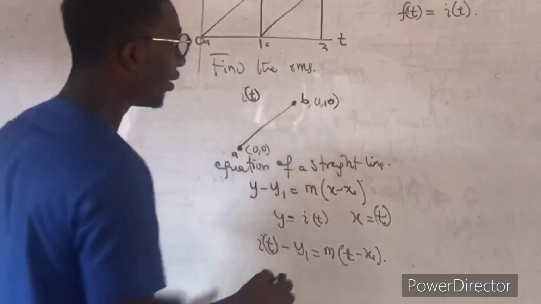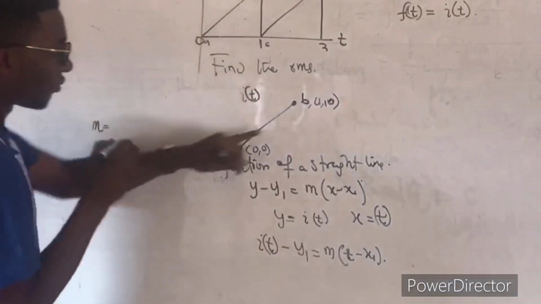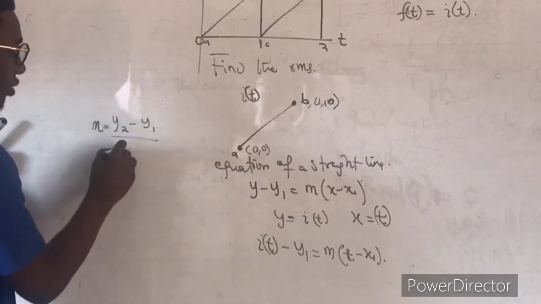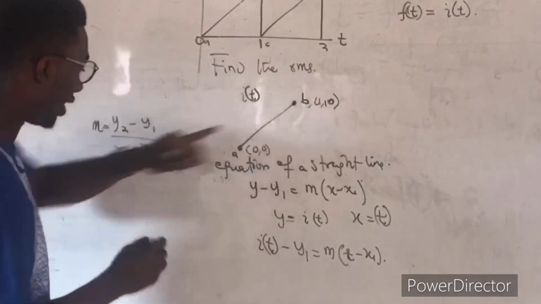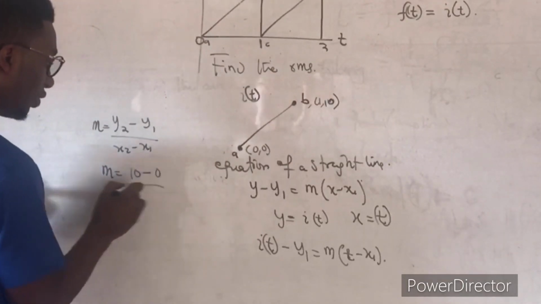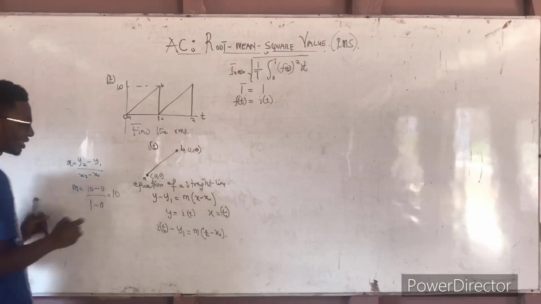So now from here, if you want to find the gradient, the gradient is simply y2 minus y1 by x2 minus x1. And that will give you 10 minus 0 divided by 1 minus 0. So the gradient is 10.